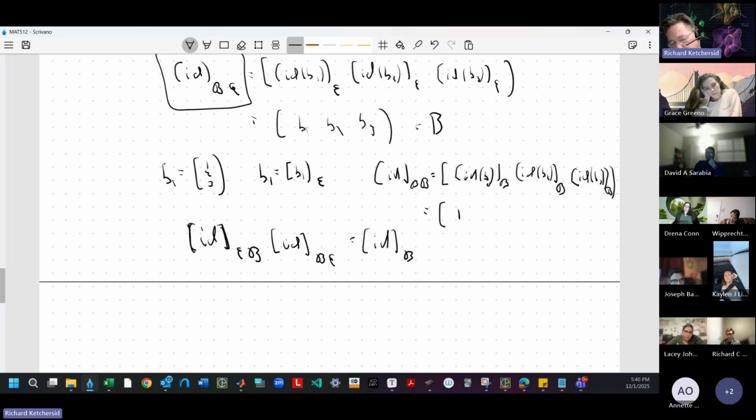This is just B1 with respect to B, because the identity map doesn't do anything. The identity map of B2 is just B2 with respect to B. And the identity map on B3 is just B3 with respect to B.